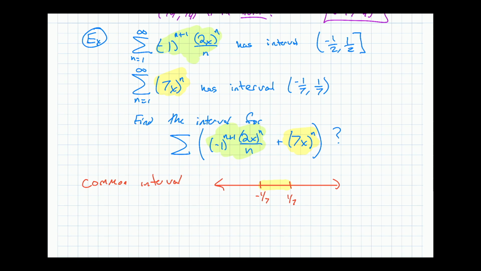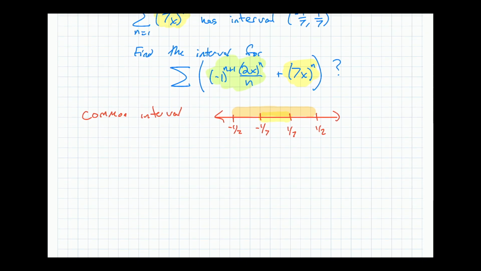That's a bigger number, right? So that'd be over here to here. So what is inside both of them? Just the part that's in between -1/7 and +1/7. That's the part that's in both. It's just this little section. -1/7 to +1/7 is in both. That's your answer.